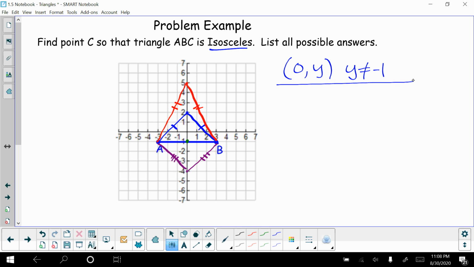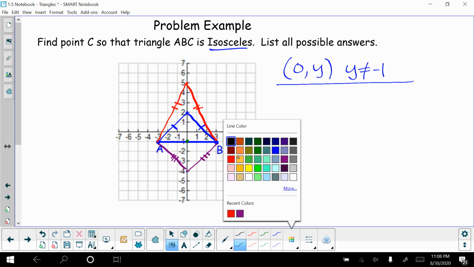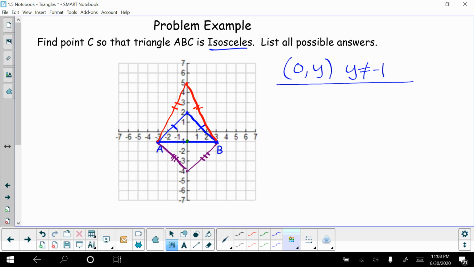Now there's actually some more answers. What if this side, we know side AB is 6 units long. Well, what if I count directly up 6 units? 1, 2, 3, 4, 5, 6. Put a point right here, draw this side.